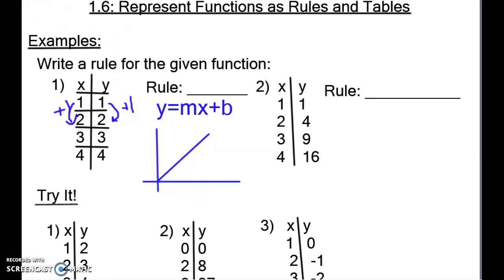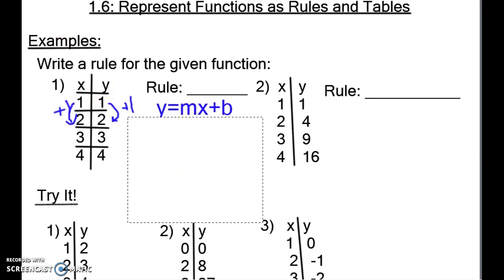Anyway, let's go ahead and solve for that equation. y is equal to the slope we found out as 1, because as x increases by 1, y increases by 1.